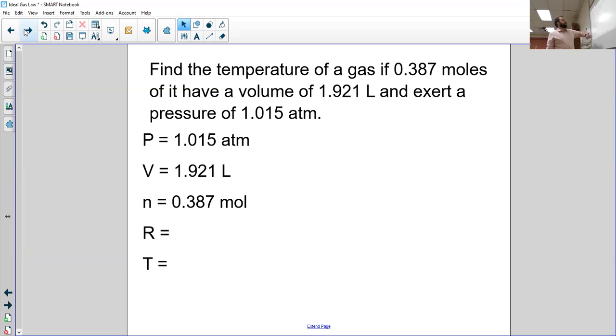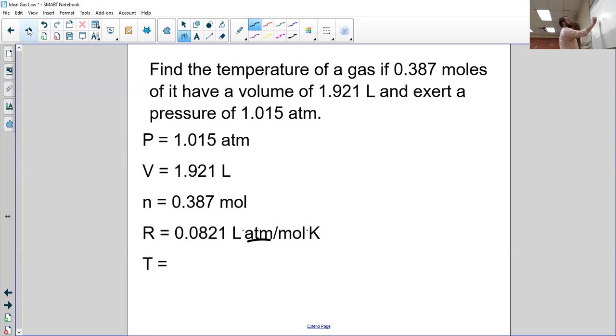So how do we choose what R is in this case? We look back at that chart. We find the one that has atmospheres because we have atmospheres given to us in the problem. So we have 0.0821 liter atmospheres per mole Kelvin. The atmospheres match up, so that when we plug them in, those will cancel out. We don't know our temperature, that's what we're looking for.